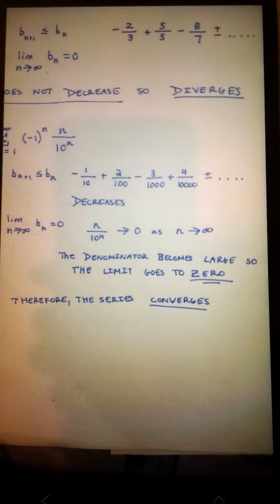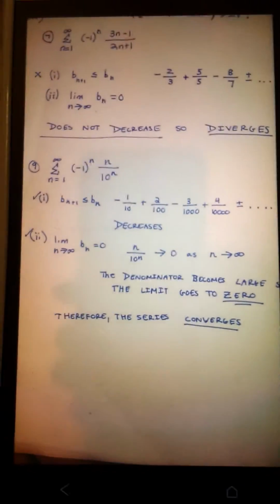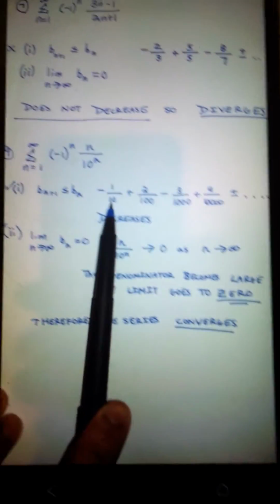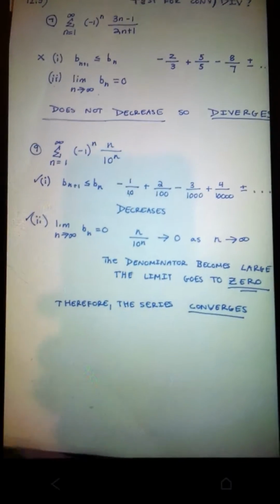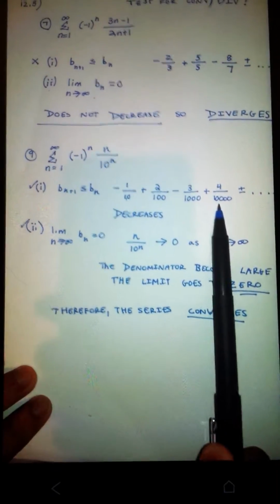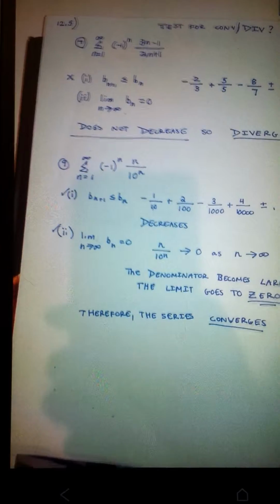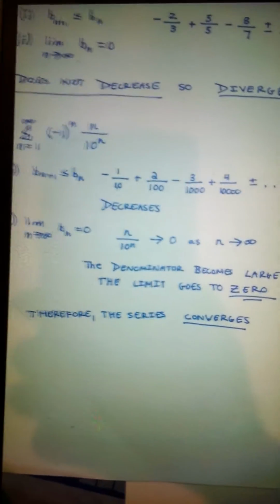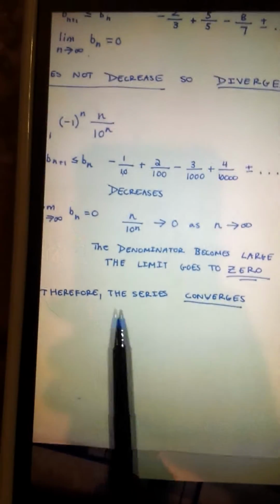And then for the second criteria, the limit as n approaches infinity, b sub n equals 0, the denominator becomes large, so the limit goes to 0. You can notice this by 1 over 10 is greater than 4 over 10,000, and the larger the denominator gets, the closer it gets to 0. This series meets both criteria, so therefore the series converges.